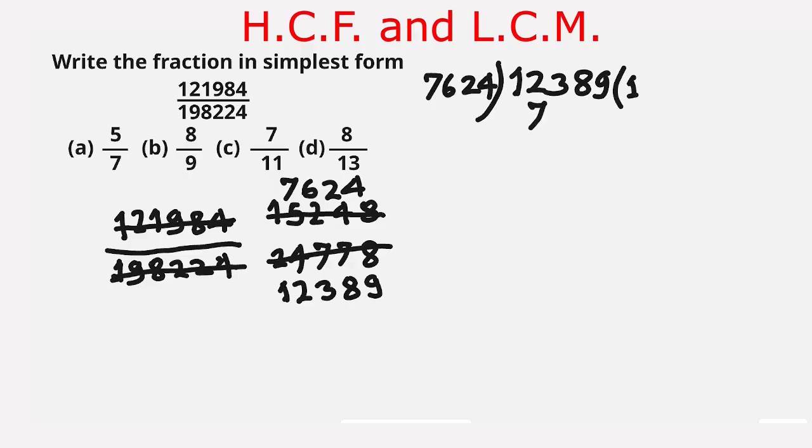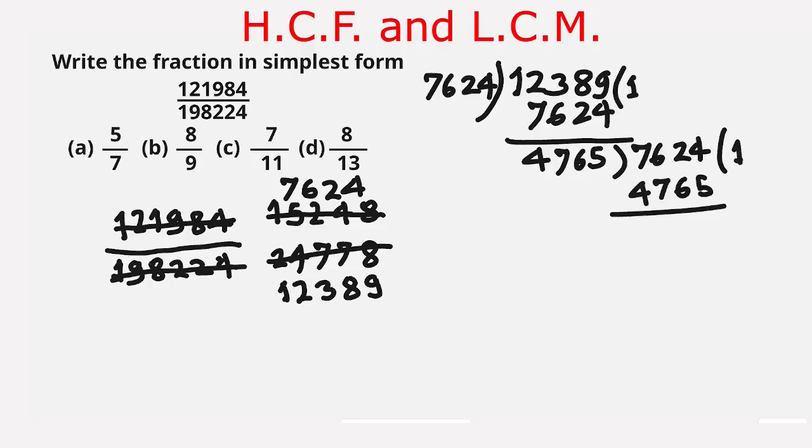7624 multiplied by 1 is 7624. On subtracting 7624 from 12389, we get 4765. Now we divide 7624 by 4765. 4765 divides 7624 one time.